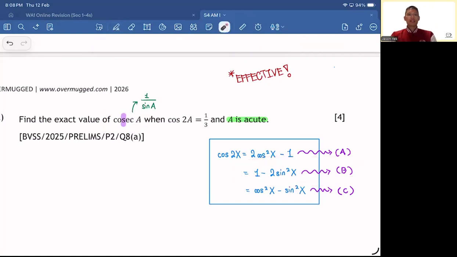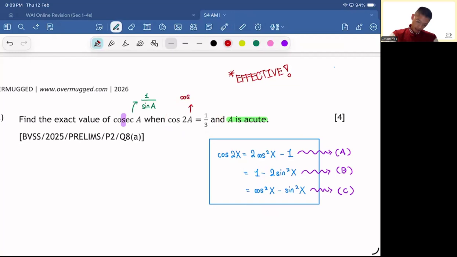You can use C also, but that means we need to evaluate what cosine A is, which we cannot really find here. Take note, cosine A is not 1 over 6. I know what some of you are thinking. Of course, you can also use the longer way to find cosine A, but it's a bit long. We want to try to keep it short.